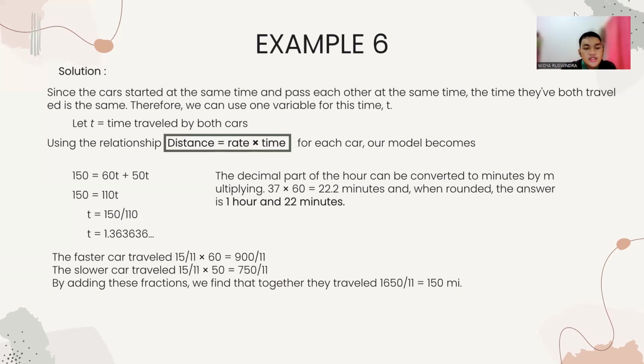By adding these fractions, we find that together they travel 1,650 over 11 equals 150 miles.